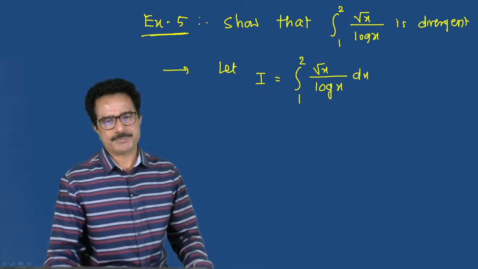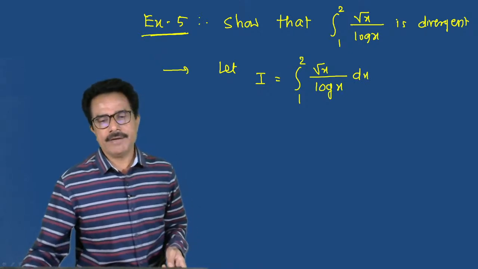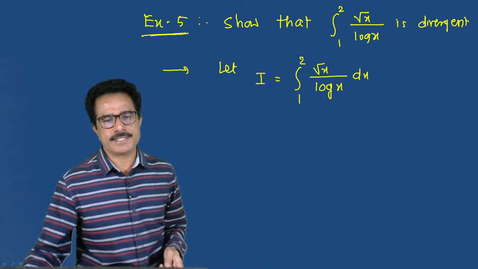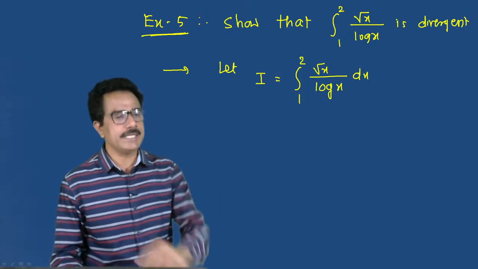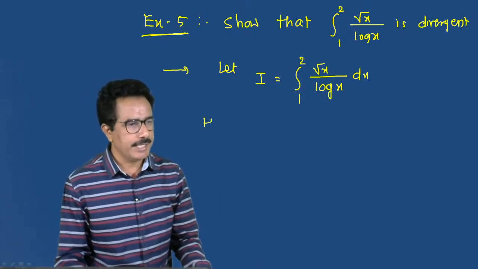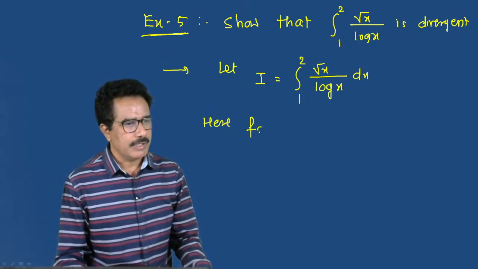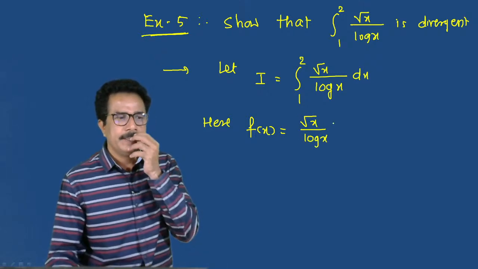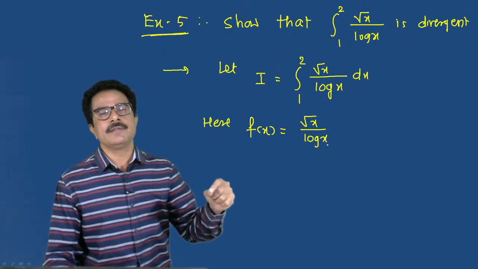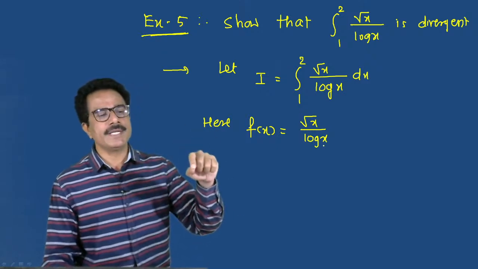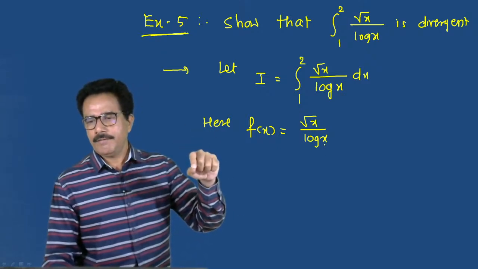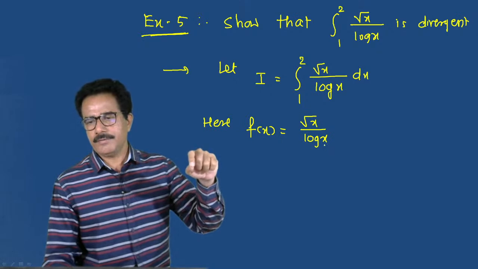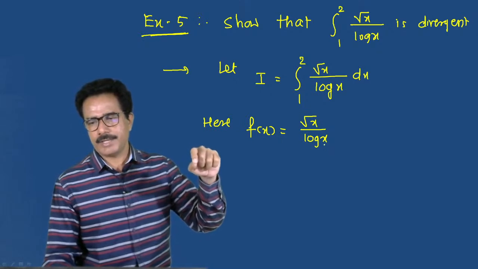Now see here, let f of x, आता हे जे f of x आहे कुठल्या पॉइंटला डिस्कंटिन्युअस आहे, here f of x is equal to root x divided by log x. If we put x equal to 1, then the value of log 1 is 0. Very good, Harshad, very good, Rutuja Deshmukh, Aishwarya Andare.